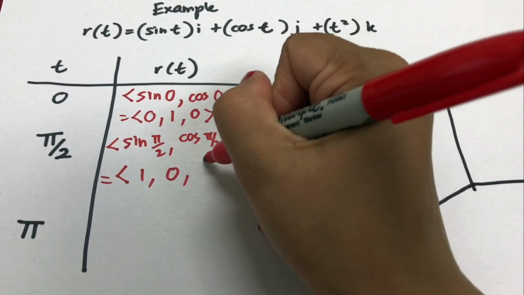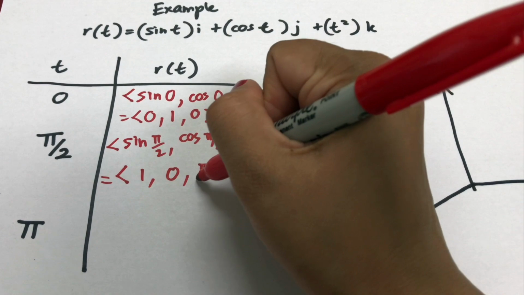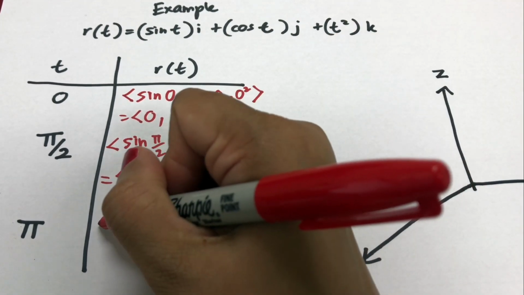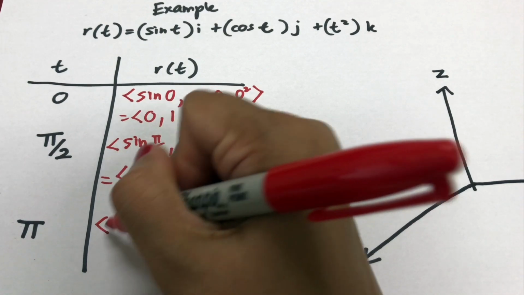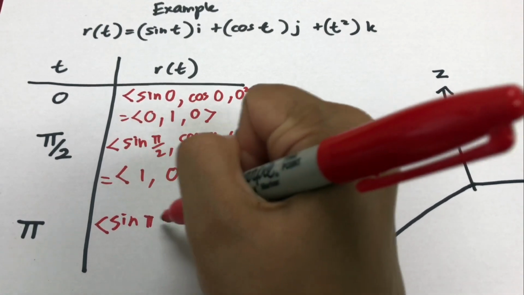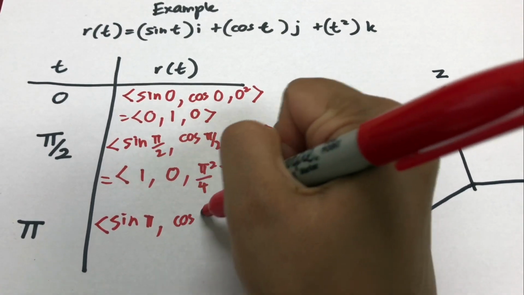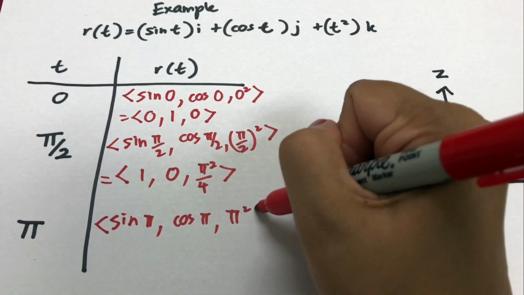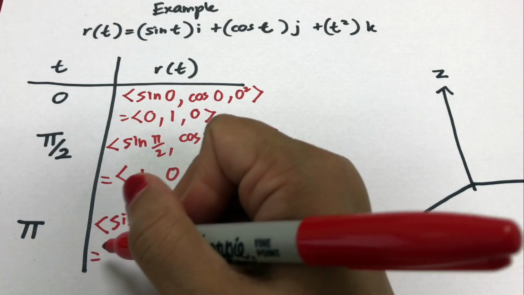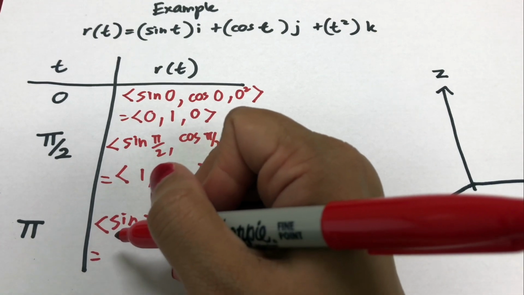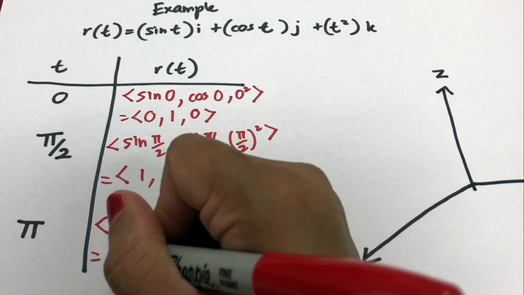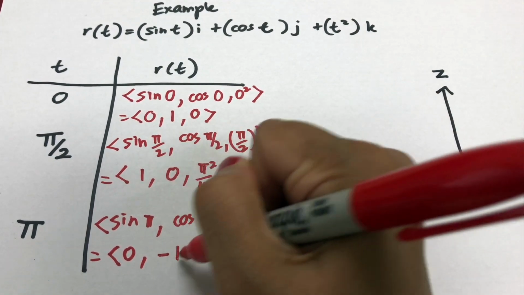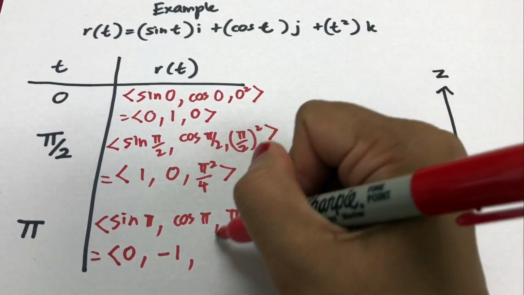Pi over 2 squared is pi squared over 4. r of pi is simply sine pi, cos pi, and pi squared. So sine pi is simply 0. Cos pi is minus 1, and pi squared.